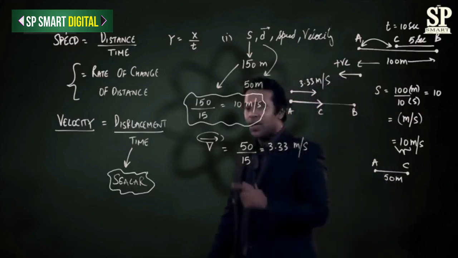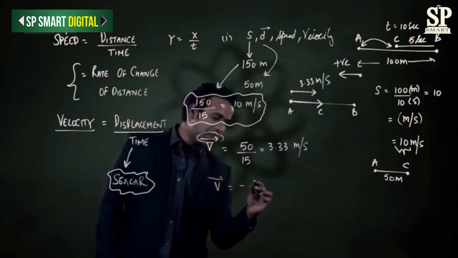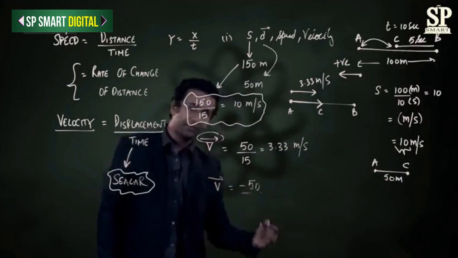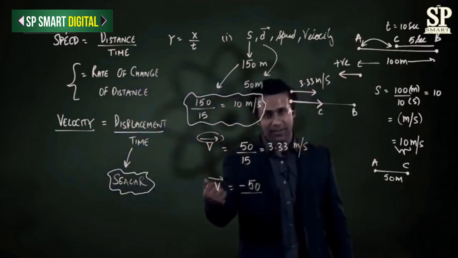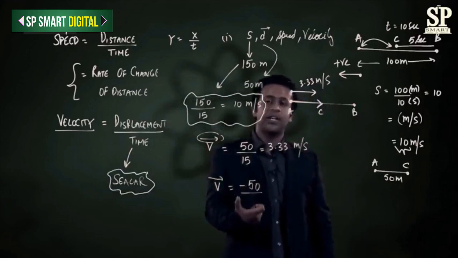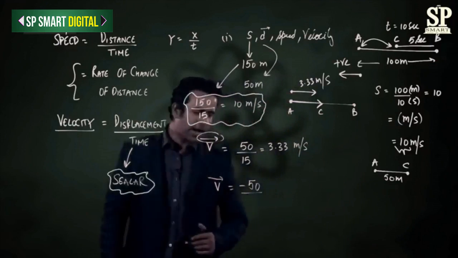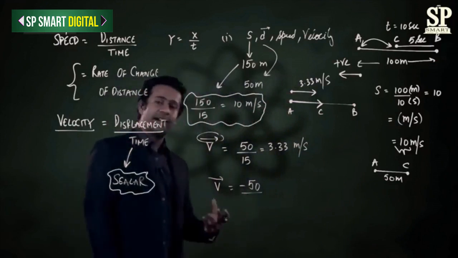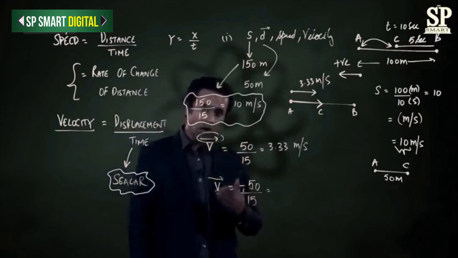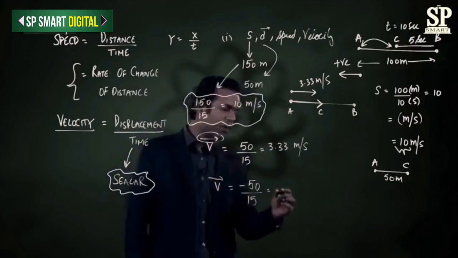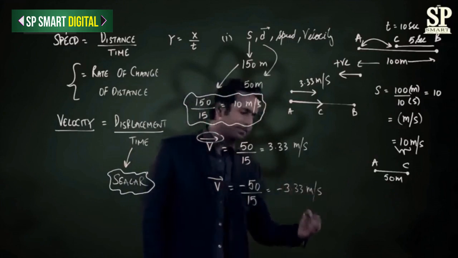And hence, when you want to write V as a vector, you will have to write the displacement as minus 50. So now it is correct to write V as a vector because now we are substituting values with sign. Right. So V becomes minus 50 divided by the time taken, which is 15, and so we get that velocity as a vector is equal to minus 3.33 meter per second.